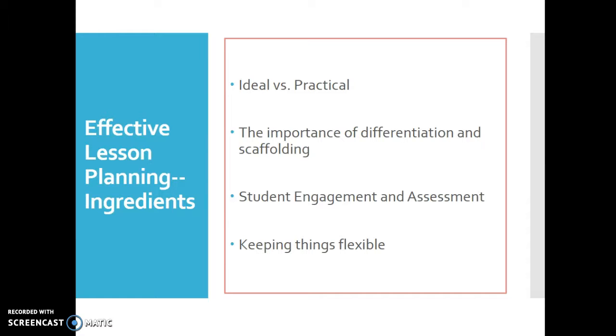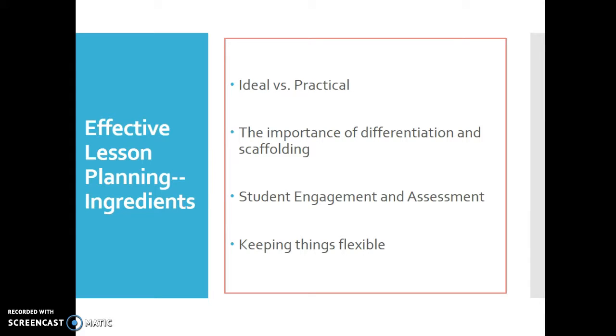For example, I think it's very realistic to note that you may have an ideal for your unit plan, but it could be at odds with the practical application of that unit plan. This is why the importance of differentiation and scaffolding is so paramount.